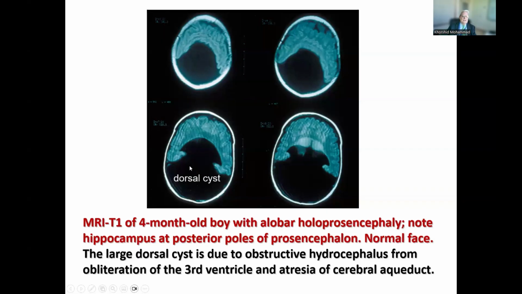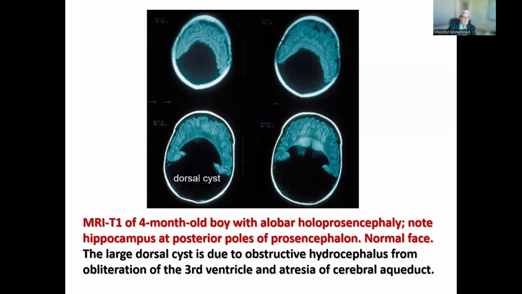And the reason this large cyst of cerebrospinal fluid forms is because these fetuses have fetal hydrocephalus, because they have obliteration of the third ventricle and aqueductal atresia.